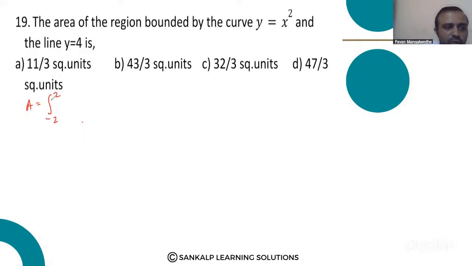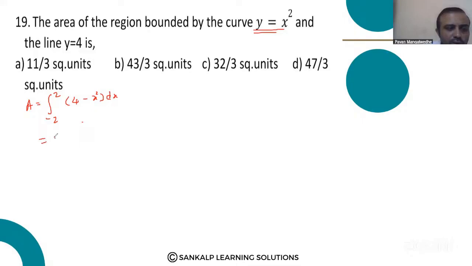How did this -2 to 2 come? The curve is given that y is equal to 4, which means the area is the integral of the upper curve, because of the positive value of y, minus the lower curve, that is y is equal to x square, over the interval of -2 to 2. Now it is the integration of 4 minus x square dx.